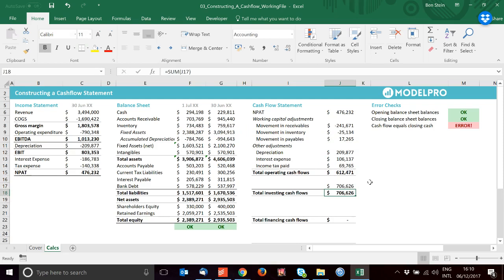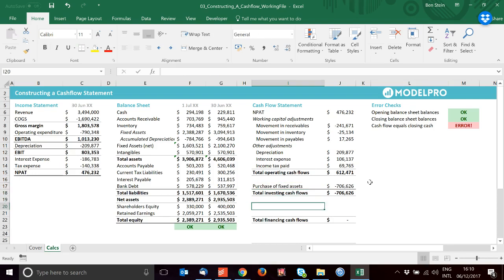Now, you can see a problem with that already because we're reflecting an increase in fixed assets, but as with the above figures, we want to make sure we account for the cash impact, which was a negative movement. So again, be conscious of the actual cash impact on the cash flow statement.